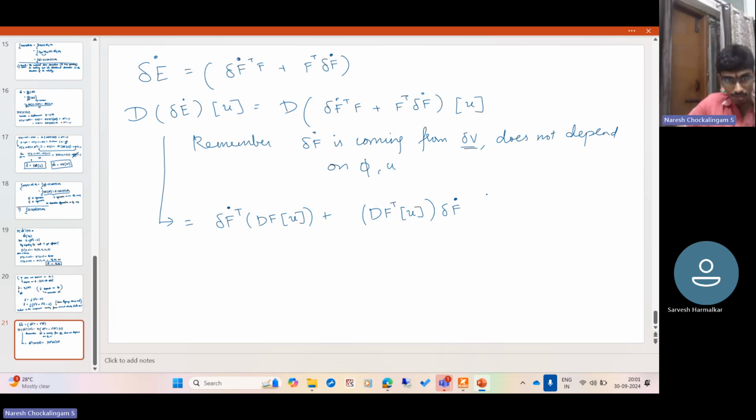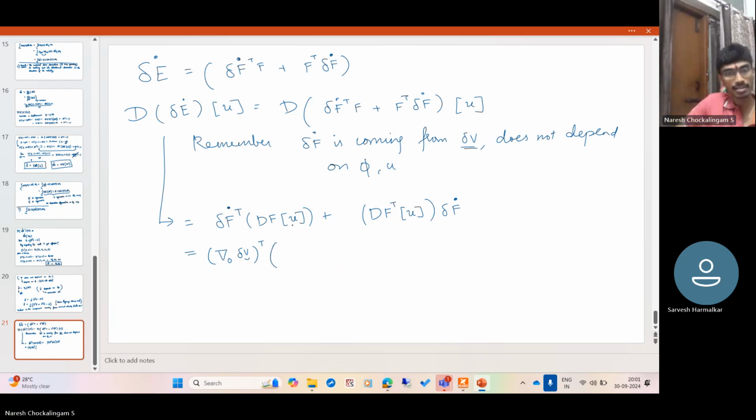Right? So, what is F in the direction? This we already got. This is the material gradient of del V, transpose.